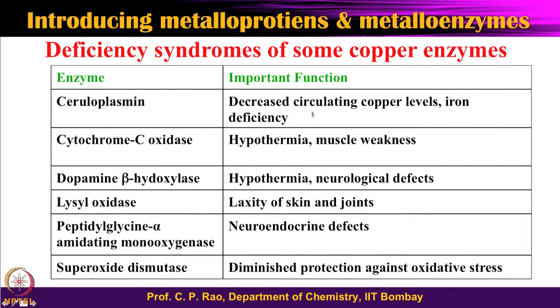All of these will have corresponding effects. For example, if the copper based superoxide dismutase enzyme is affected because of low cellular concentrations of copper, then what will happen? This enzyme will be low in concentration.